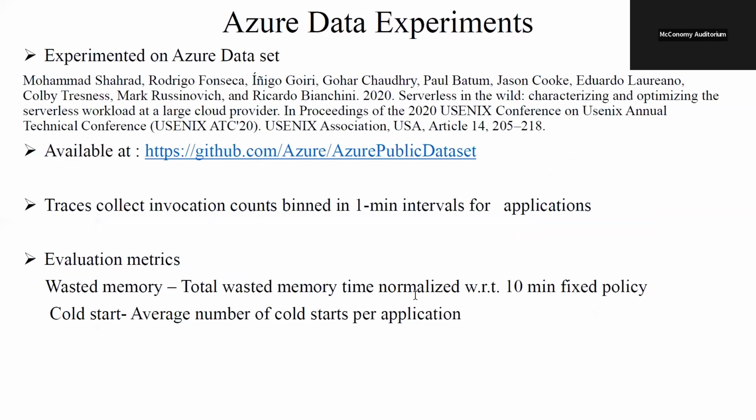We use the Microsoft Azure data trace because it was released by the Microsoft Azure team, and this is the link and the paper cited that releases the data trace for Microsoft Azure's workload. So if Amazon Lambda does release their data trace, then yeah, it would be nice to generalize it.